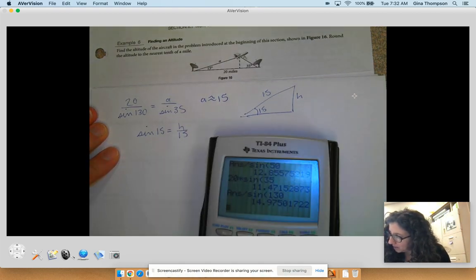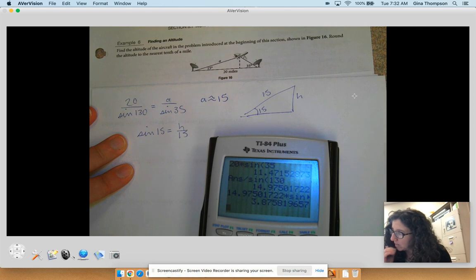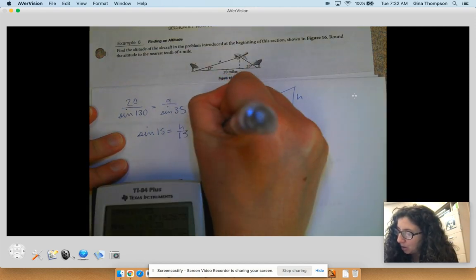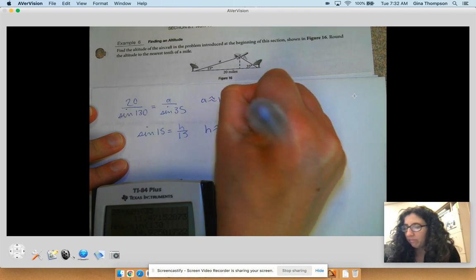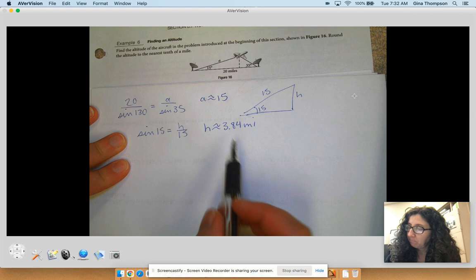And I guess I could use this exact value. This times sine of 15 is 3.84. So my height is about 3.84 miles. That seems believable, right?